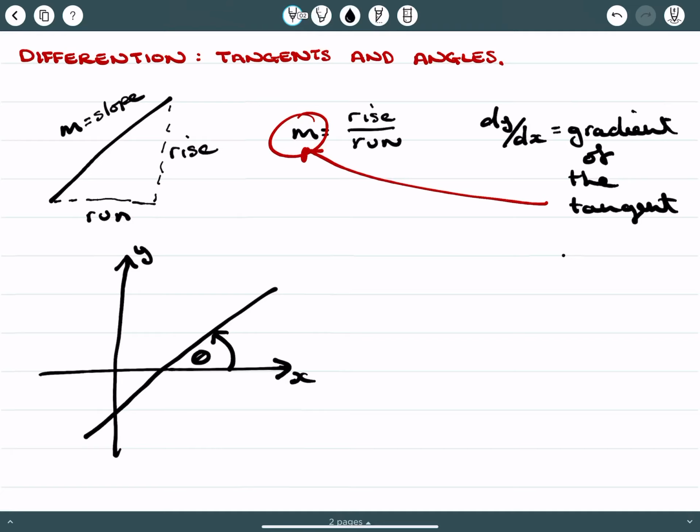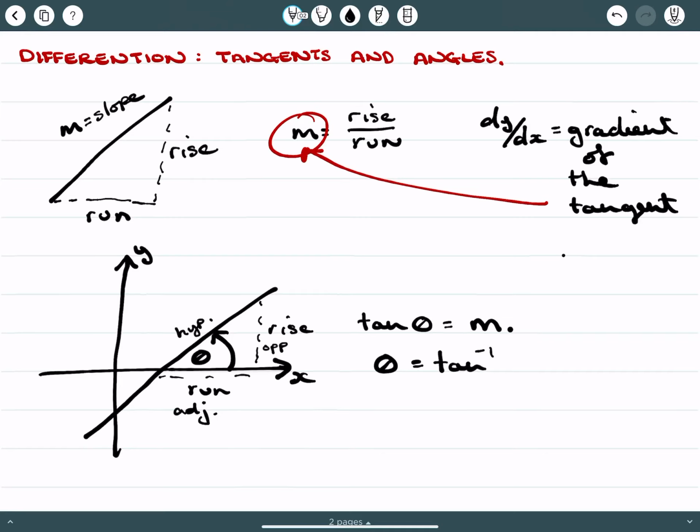If we go back to circular functions, looking at my rise and run, this being my opposite, this being my adjacent, and my hypotenuse here, I know that the tangent of the angle is equal to opposite over adjacent, rise over run, and this equals m. In this sense, we can say that theta equals the inverse tangent of m.